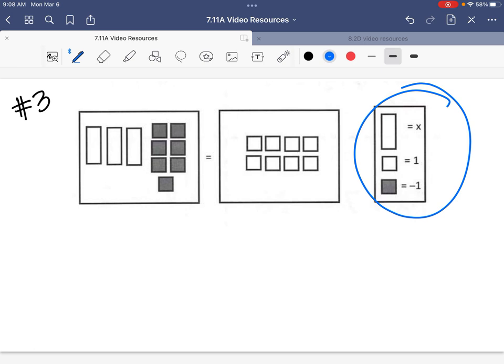So I see I have an equation or an equal sign right here, which means I have a left side and a right side of my equation. Each of these long skinny rectangles will represent x, and then I have 7 shaded in units, each of them representing a negative 1.